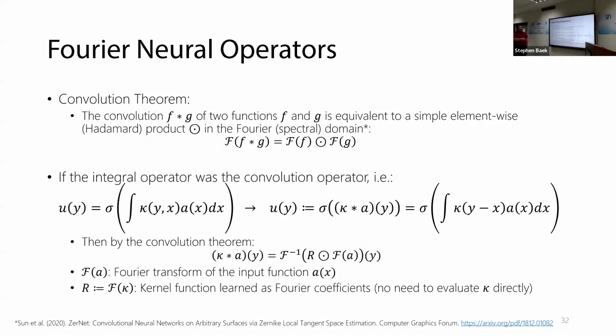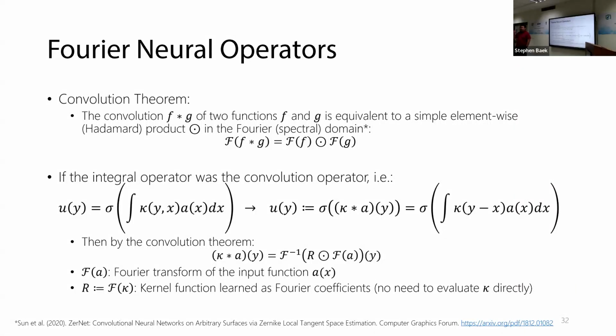With that assumption, this whole integral operator can be understood as a convolution between kappa and A, which means after the Fourier transform, the integral operator that defines the continuous perceptron is nothing more than the element-wise product between the Fourier coefficient of A and the Fourier coefficient of kappa.